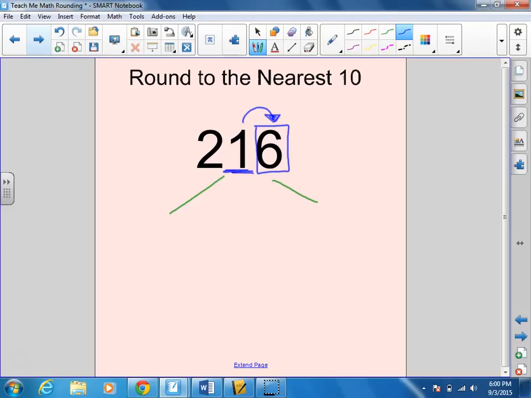Well, because 1 is in the tens place value, we know that it's between 10 and 20, but not just 10 and 20, but 210 and 220.